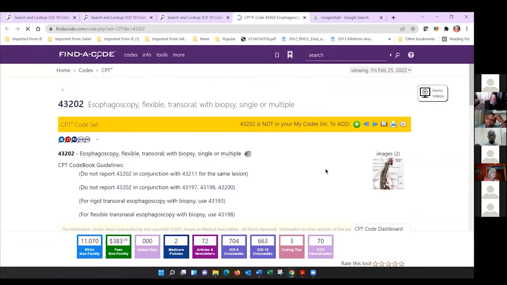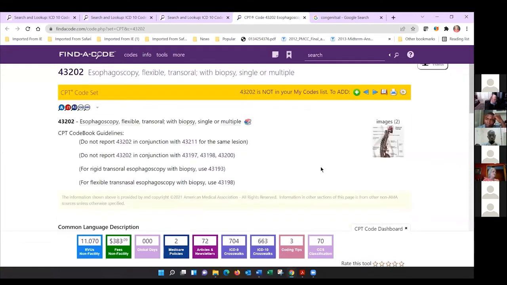Okay. I've got esophagoscopy, flexible, transoral. Do we know what that means? Through the mouth, with a biopsy, and it wouldn't matter if he took one biopsy or if he took three.